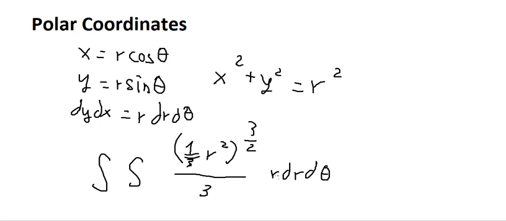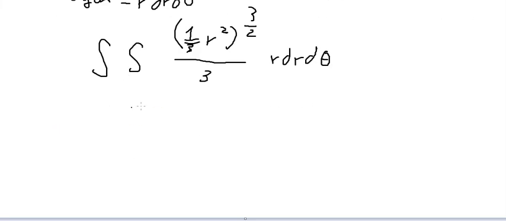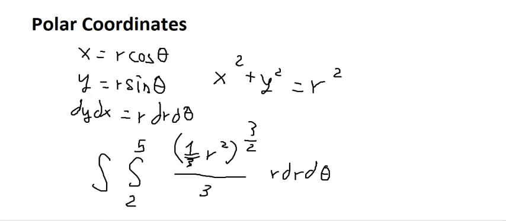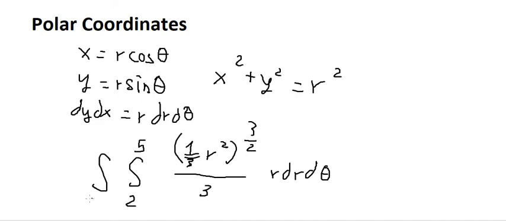About the bounds of r, we see that they are between the radius 2 and the radius 5. So r should be from 2 to 5. The next one, we see that we go one circle around, so we put from 0 to 2 pi. This is the technique to combine two triple integrals in here.